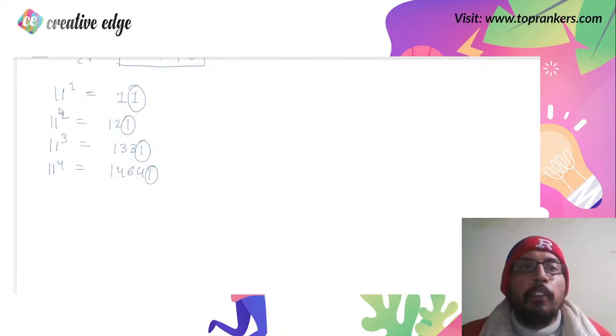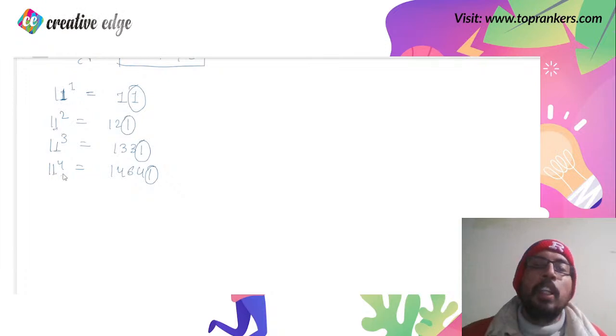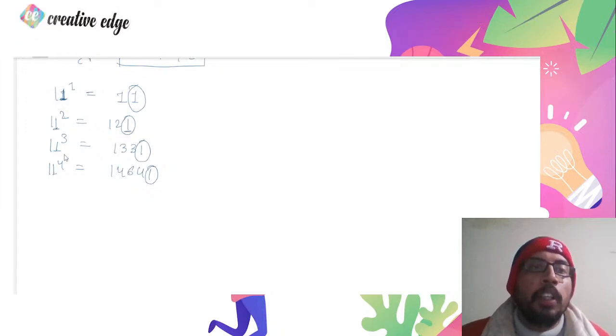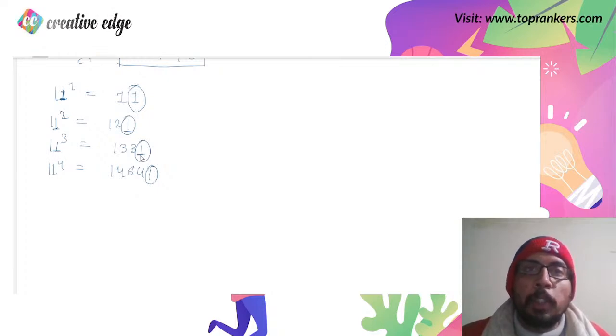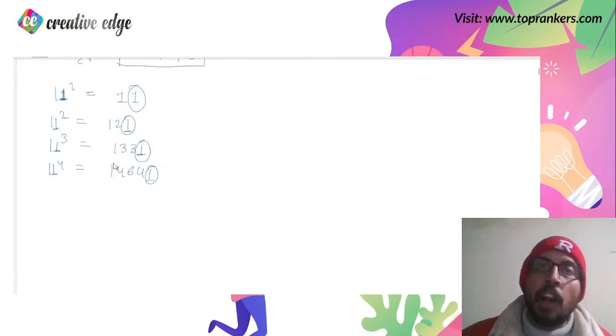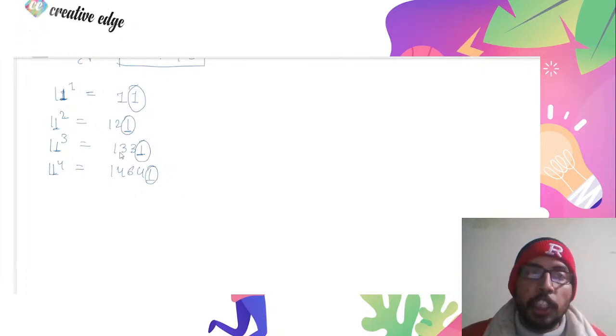That means whatever number you observe, before the expansion you get the same unit place as after the expansion. So our unit place does not change.